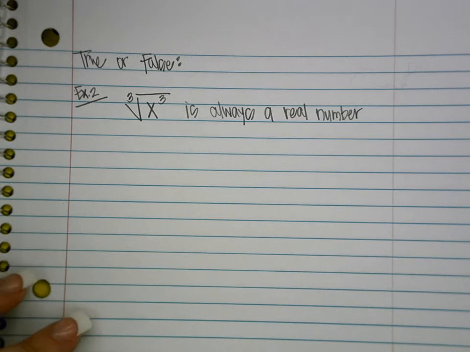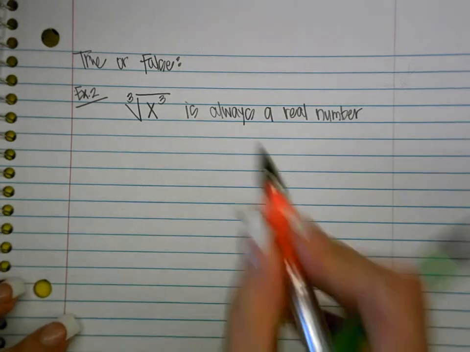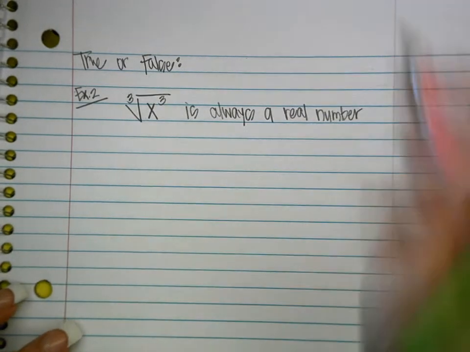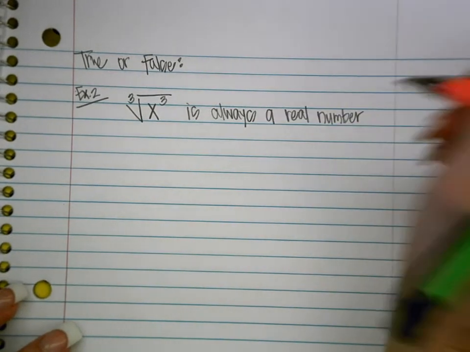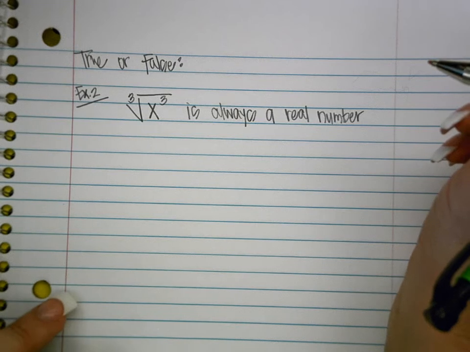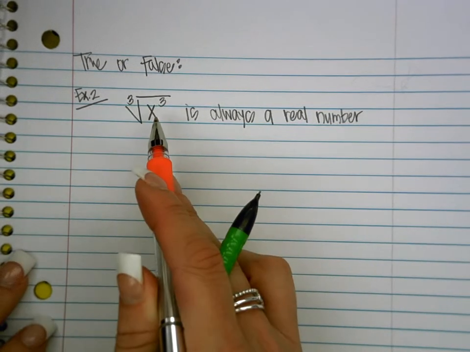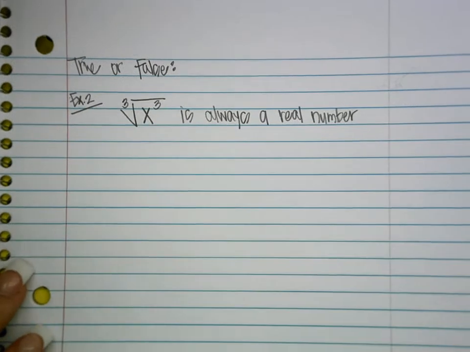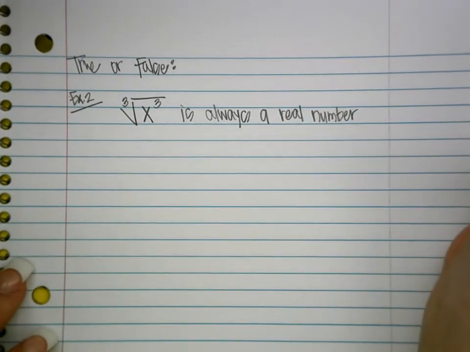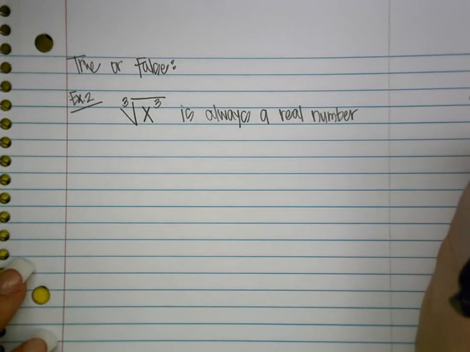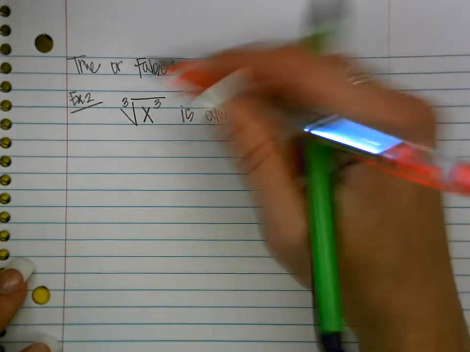So essentially what that means is whatever you put under there, you're going to be able to get an answer. Okay, a real number. We haven't gone over things called imaginary numbers yet, but for now, can the cube root of something being cubed always be simplified? Can that always be simplified? Or is this ever going to be no solution? Can you think of any situations where this would not be able to be simplified?